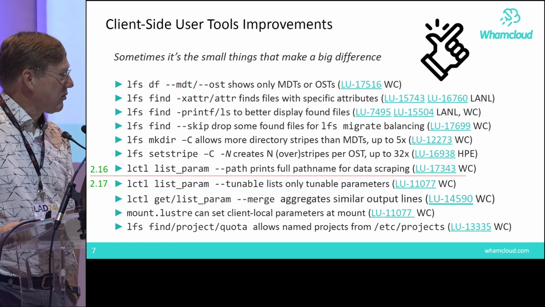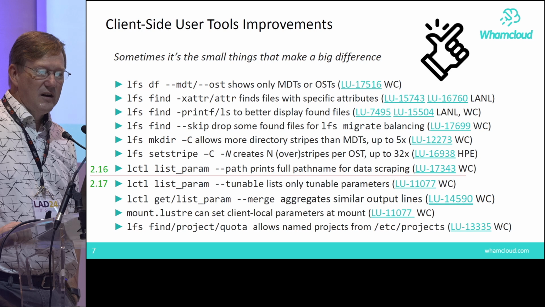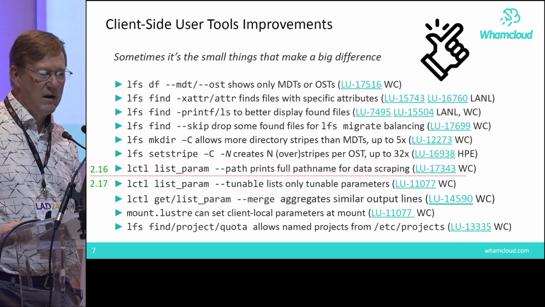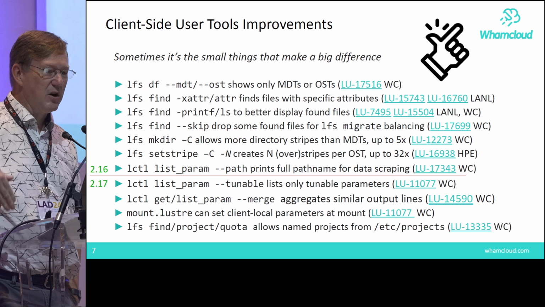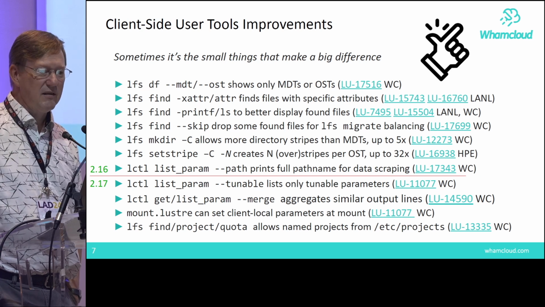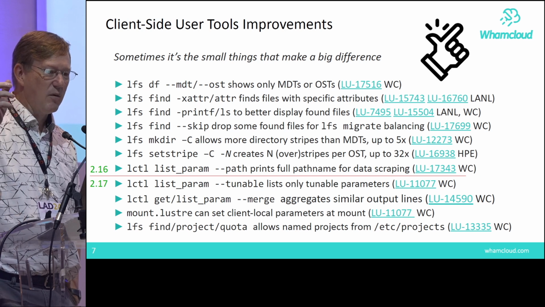Another really nice one is the merge option, so that you can say get_param, whatever, max_pages_per_rpc. And it will aggregate all of the ones from your 500 OSTs down into one line that says, oh, they're all 16 megabytes. Oh, but except for this one is 4 megabytes, right?